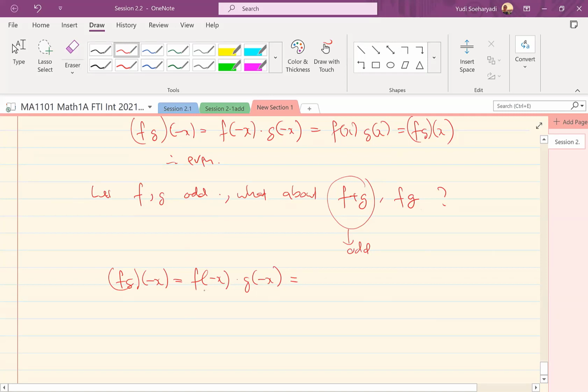Because f is odd, this becomes negative, and g is odd, so you can factor the negative out. All right, so negative negative drops out, so you have f of x times g of x. That means this is even.